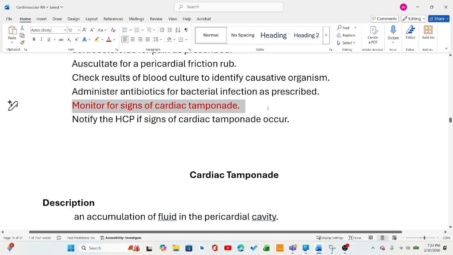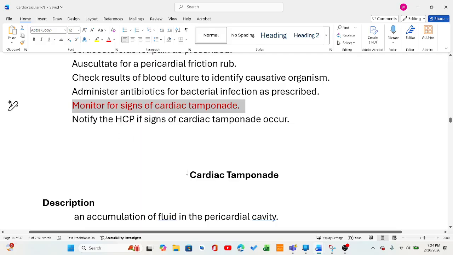This is where fluid buildup in the pericardial sac prevents the heart from contracting, or affects the contraction of the heart. And when that happens, this person will be getting cardiac tamponade. So the doctor will have to find a way to get this fluid out. This is a medical emergency.